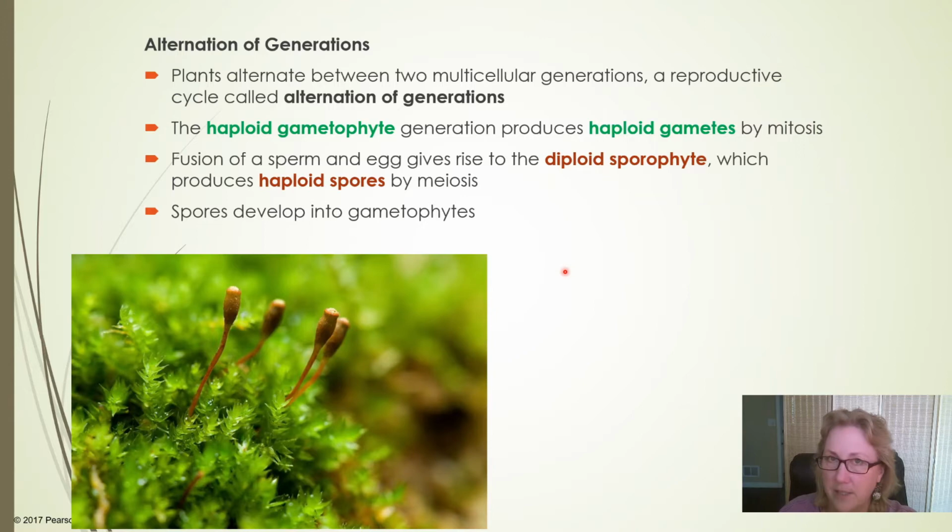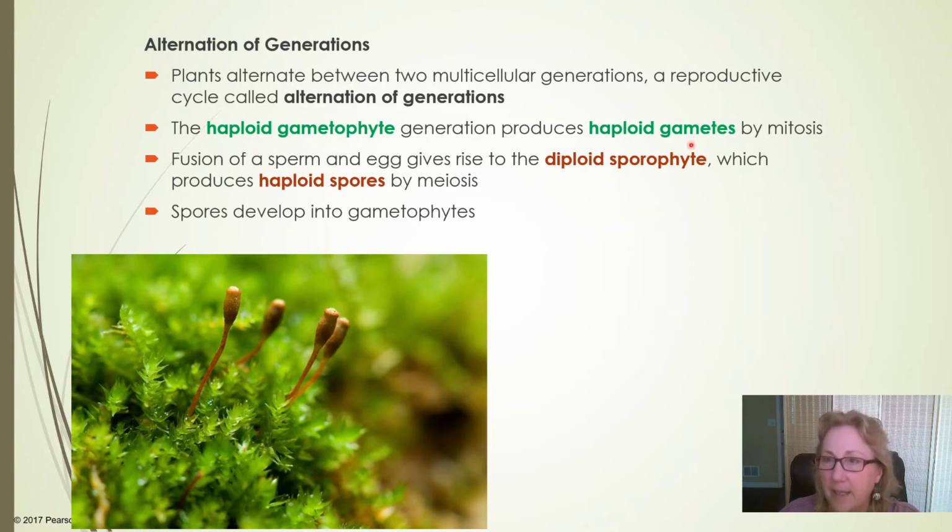Animals don't have this. In animals, the individual animal that you see is diploid, and the gametes are haploid. There are no haploid individuals. In plants, there is a haploid individual and there's a diploid individual. And we call the haploid individual the gametophyte, and we call the diploid individual the sporophyte.